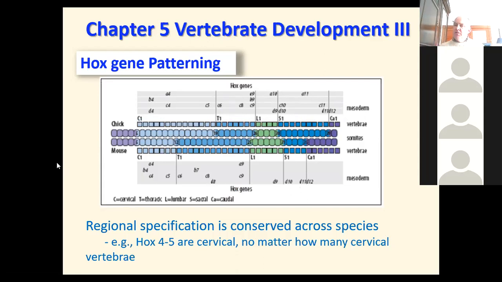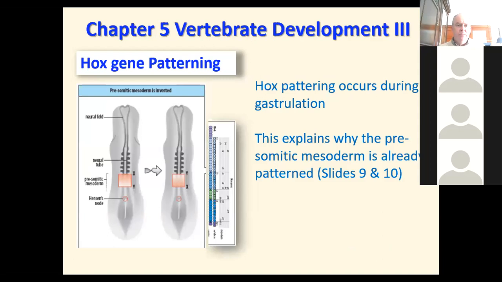So it's the combinations of those Hox genes that determines what that structure is going to be. And that's why in this presomitic mesoderm, those Hox genes have already been turned on. So if you take it out and flip it around, it ends up upside down because you've already got the sequential activation of those Hox genes turned on.